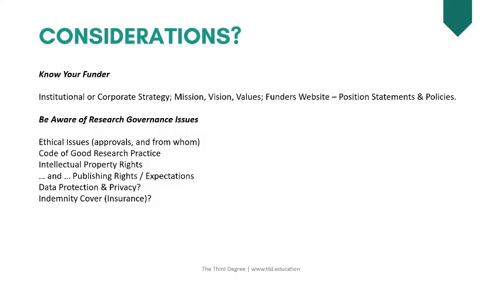And that leads to another problem about publishing rights and expectations. Because from a university, we can publish. A private organization funding our research may actually say, we must approve your publications, which means we may not get any publications because maybe the data did not go the right way.